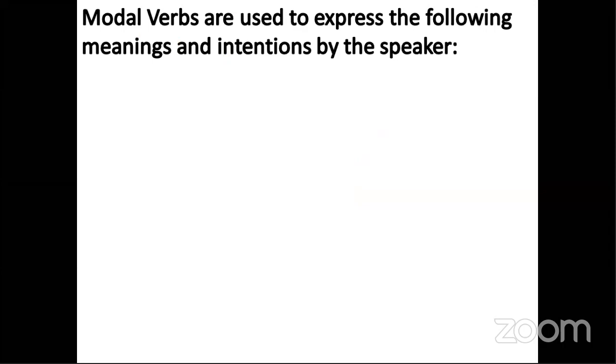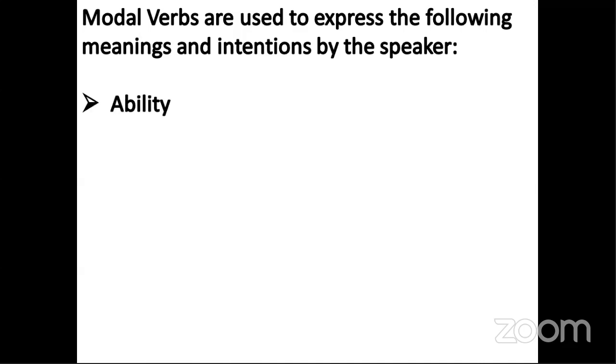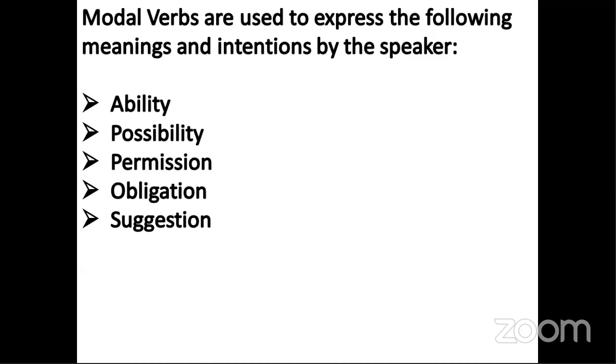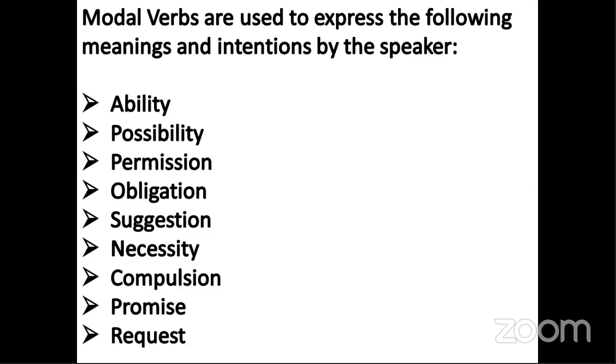Okay. So with this, let us see where it is being used. Where do we use modal verbs? Modal verbs are used to express, just now I told you it is about expression, the following meanings and intentions by the speaker. If the speaker wants to express ability, we already saw that, possibility, permission, obligation, suggestion, sometimes necessity or compulsion, promise or request.